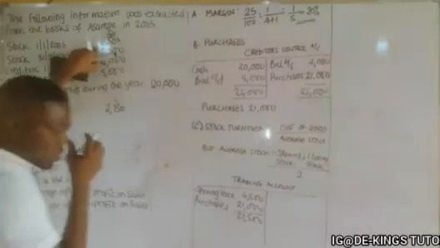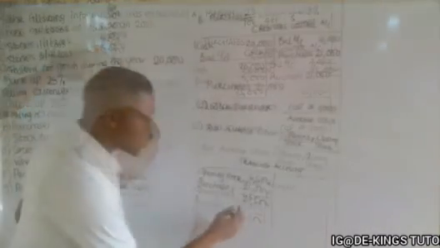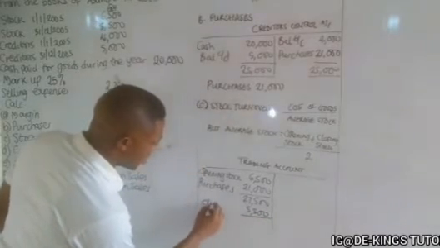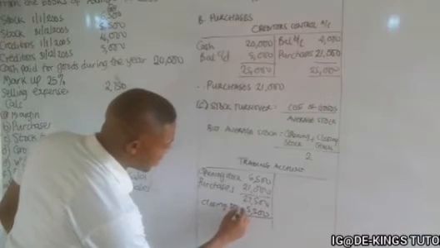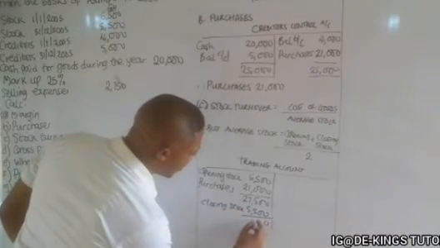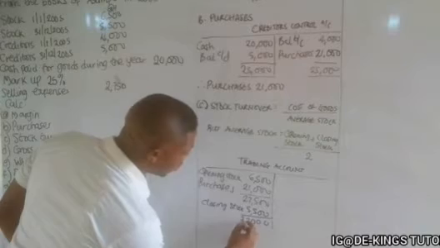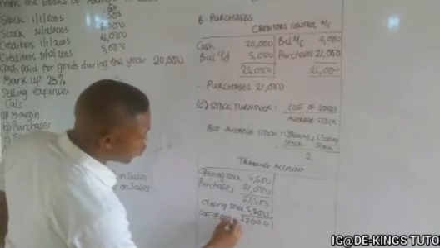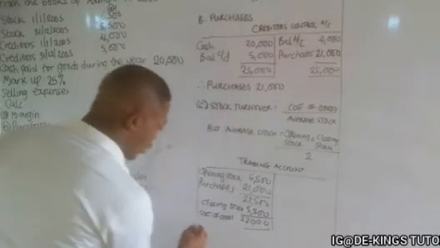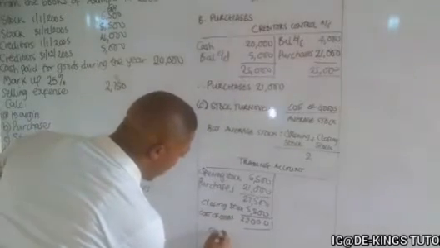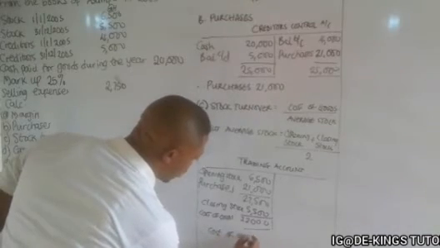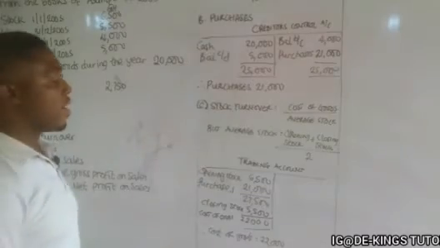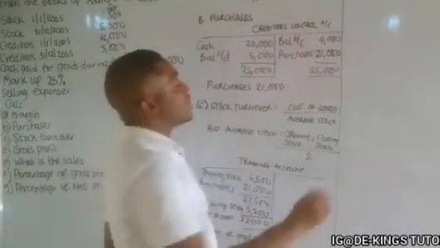Now there's no return outward or carriage inward, so just take closing stock 5,500 and we are lessing it. So we have 22,000. Now this becomes our cost of goods sold, which is 22,000.